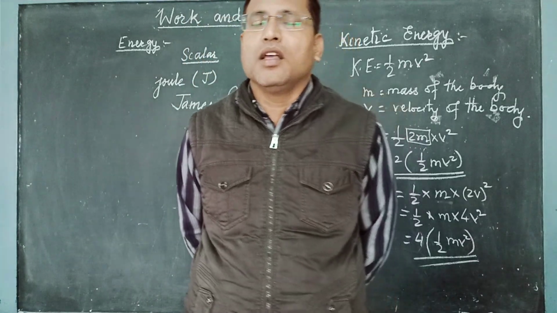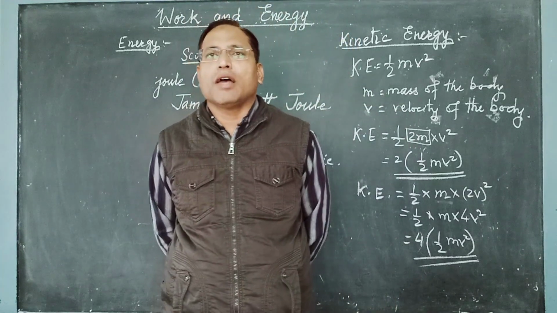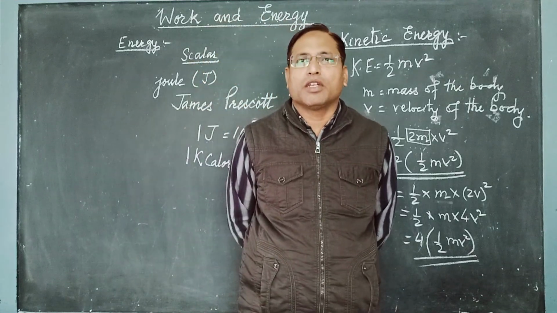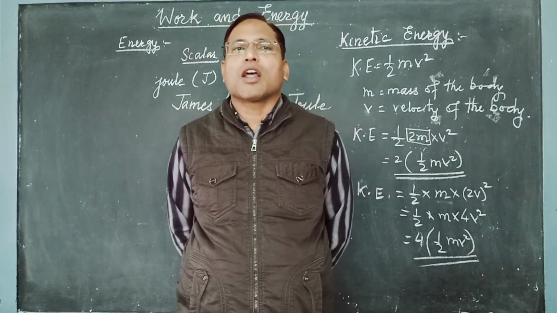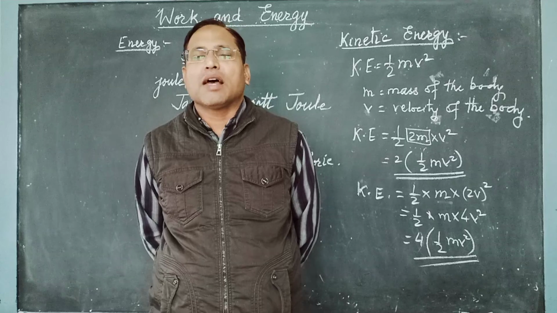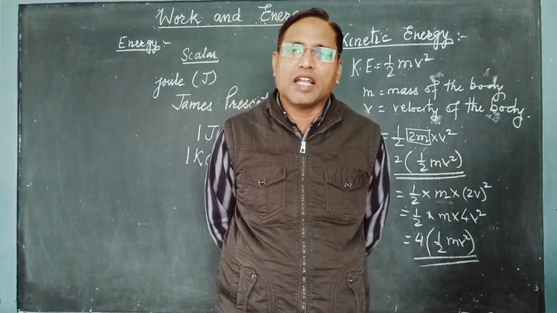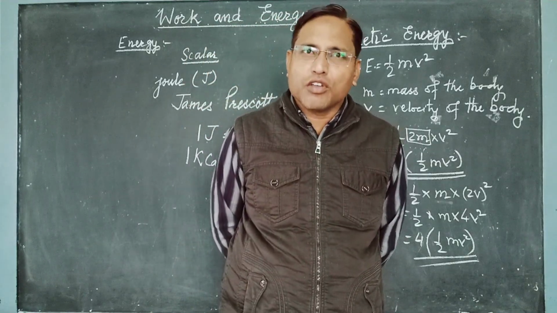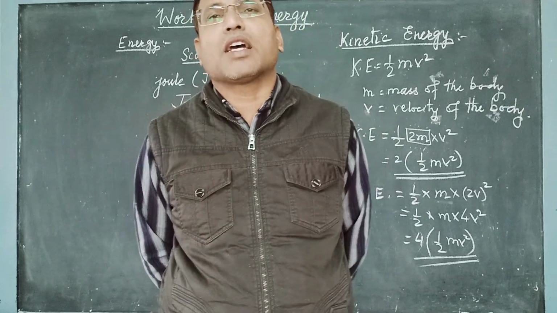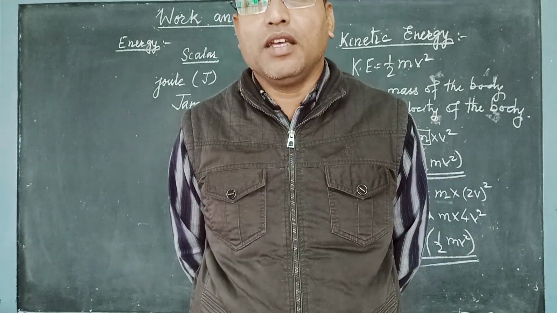For example, a small car, you must have heard about the Nano car. The Nano car and other smaller cars have less mass and less velocity. So their kinetic energy will be less.